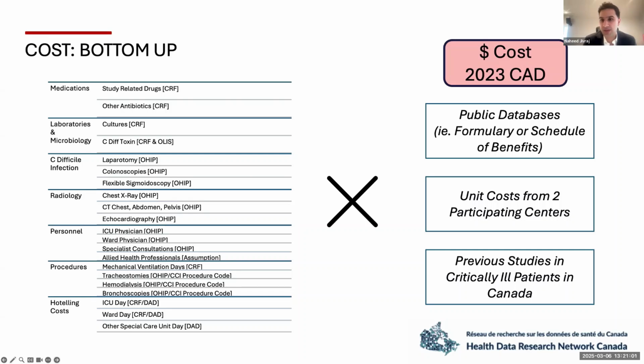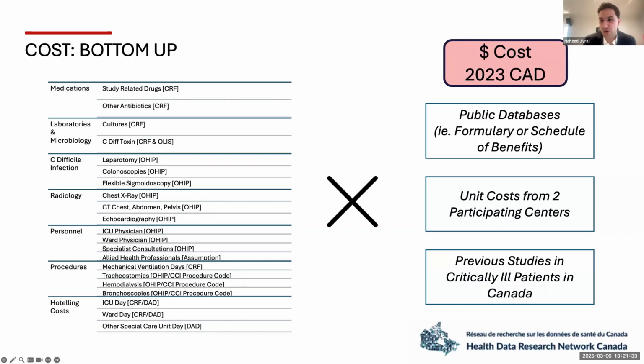If the cost of a given intervention is not available in one of these data sets, then we will go to two of the participating centers and ask their case costing initiative offices how much specific things cost. Now, unfortunately, many of these units only know how much they charge for a service rather than how much it costs. So there is a charge to cost ratio or calculation that we can use to begin to estimate how much it may or may not cost.